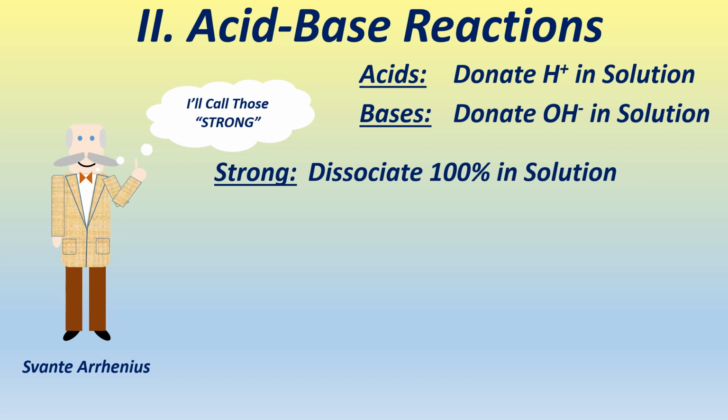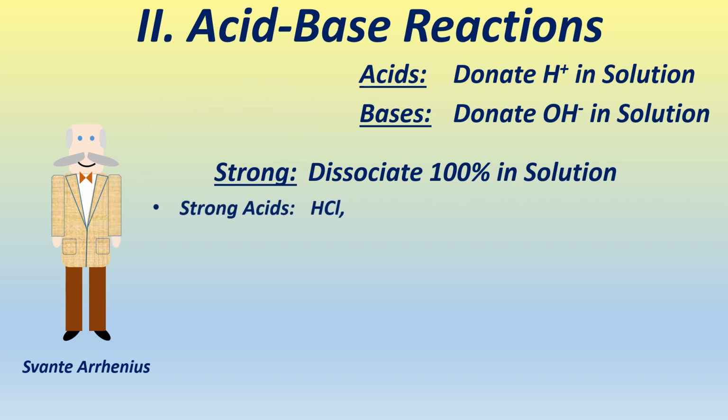Another thing coming up that's important to know is that these are also rare. There are only 6 strong acids. The strong acids are HCl, HBr, HI, nitric acid, perchloric acid, and sulfuric acid. Those are the only H+ donating species that will dissolve 100% in solution.